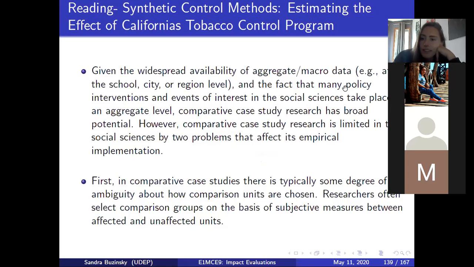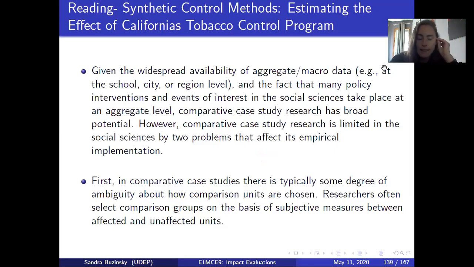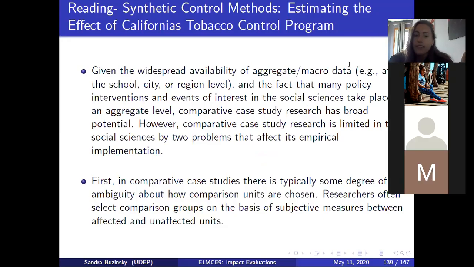Aggregate data is often a lot easier to collect than micro level data. Panels of data over time at the individual level are more rare and often private. So given the widespread availability of aggregate or macro level data, at the school, city, or region level, like in NAHO, they have data at the household level, right?